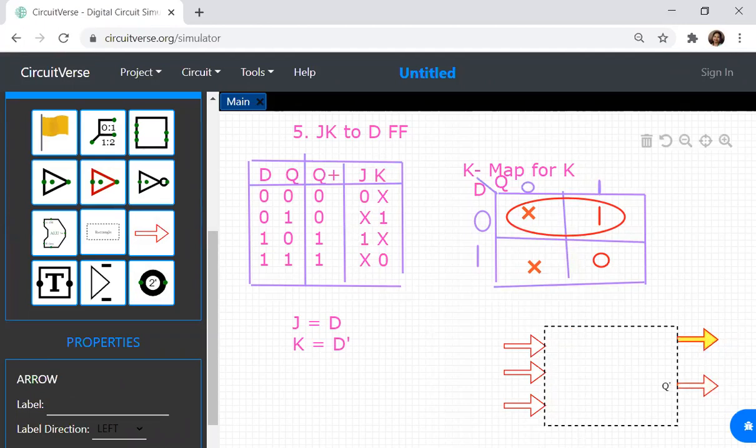This is Q. This is J. This is a clock, and this is a K. Now what is the input I need? I have to have a D input, and I also have D bar. So this is a D flip-flop.